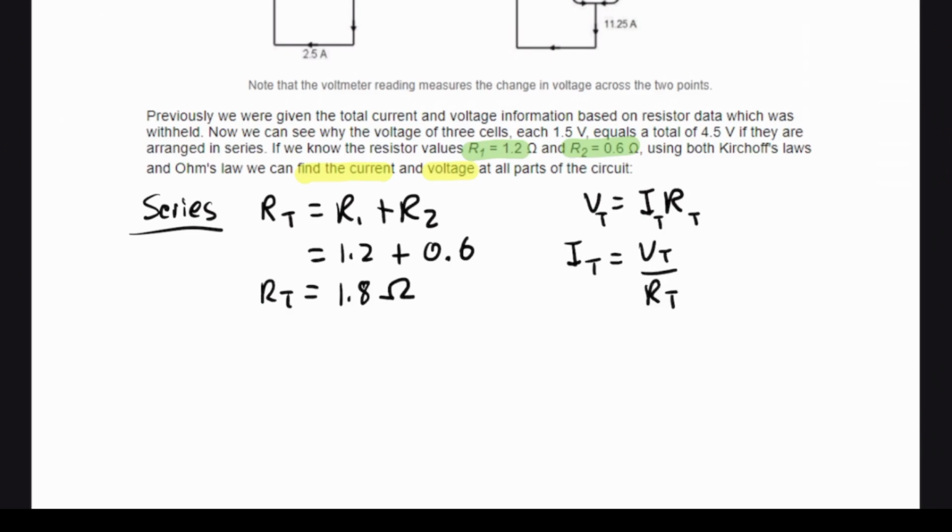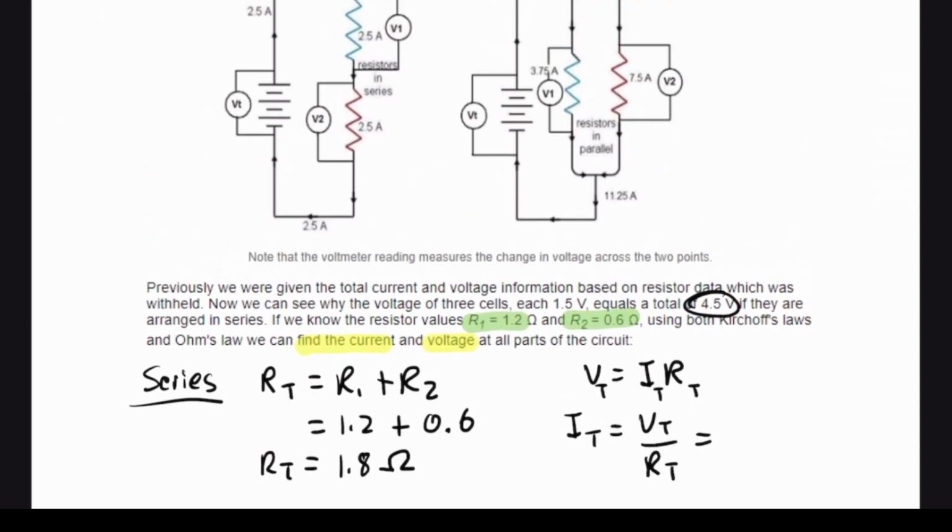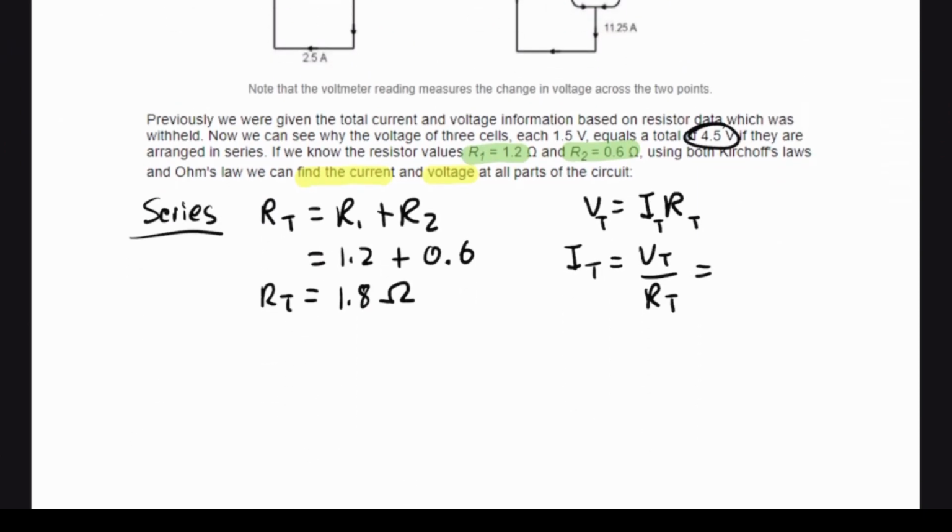I'm just rearranging the equation here. We can plug our numbers in. We're told that our total voltage in the circuit is 4.5 volts, divided by that total resistance, 1.8, which gives us an answer of 2.5 amps.